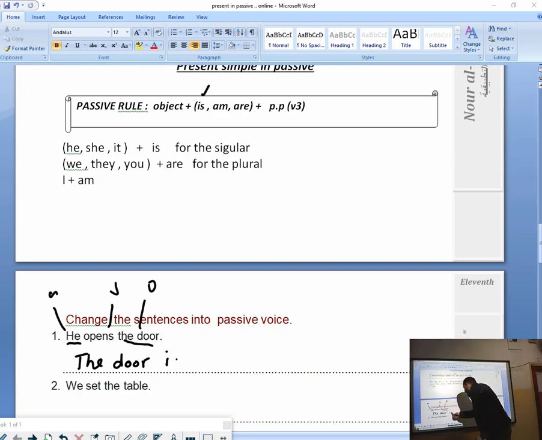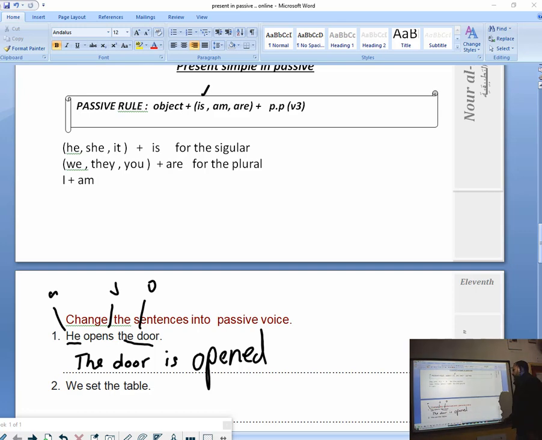The door is. The verb 3 of open: open, opened. By the verb 3, the door is opened. That's all. I follow the rule: object plus is, am, are plus PP.